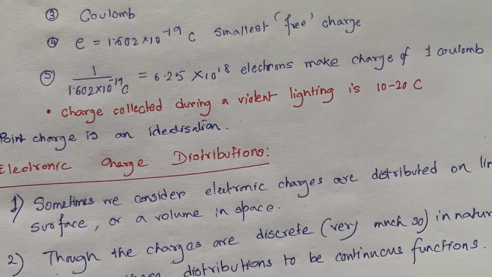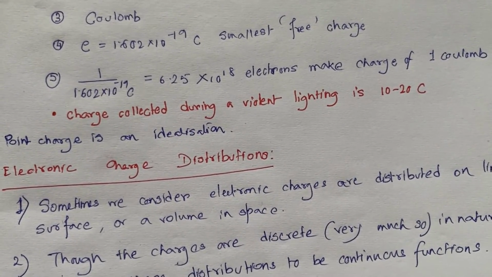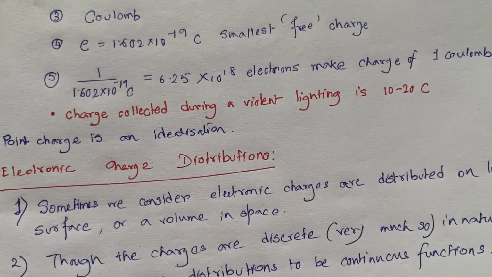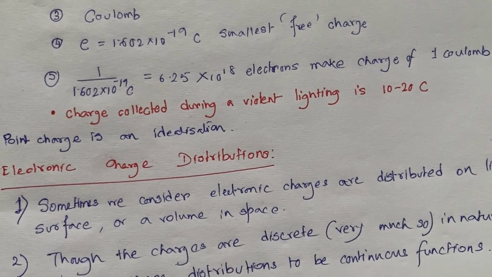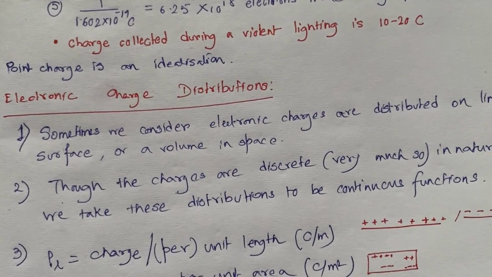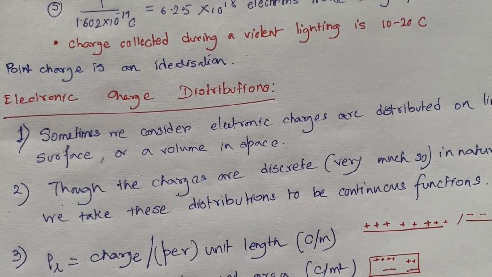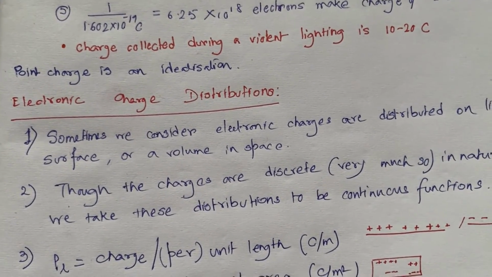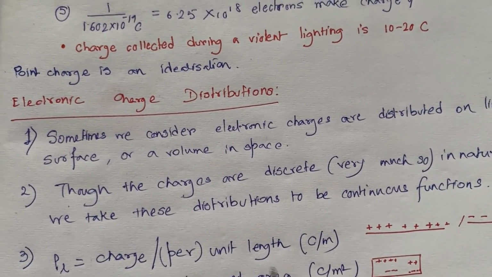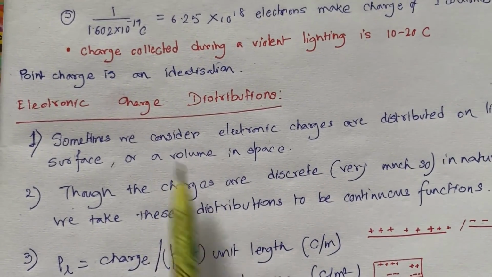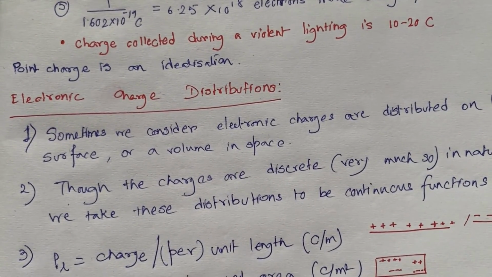We just take into account that all the mass is as if concentrated at the center of the Sun, and all the mass is as if concentrated at the center of the Earth, and these two masses at the centers exert a gravitational pull of magnitude m1 m2 by r square on one another. And point charge is just like that, so it's a kind of idealization.